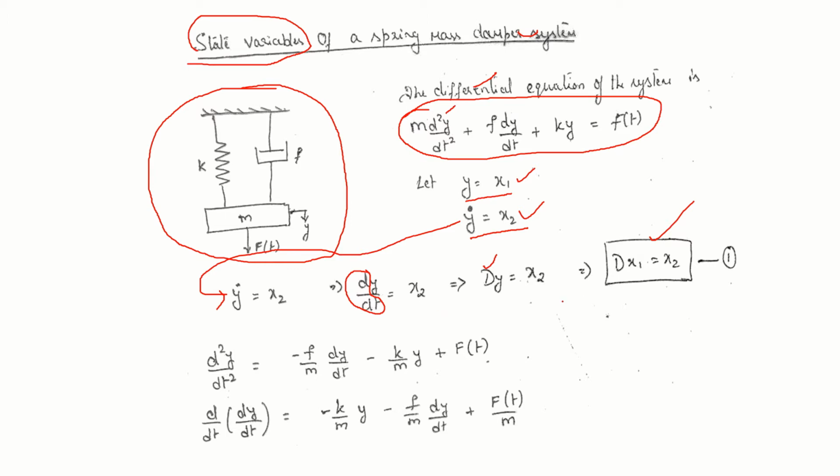Okay, right. Next, take the original differential equation. Keep d square y by dt square on the left and transfer everything to the right. And divide throughout by m. This I can write as d by dt of dy by dt equals minus k by m y, then minus f by m dy by dt plus f of t by m.